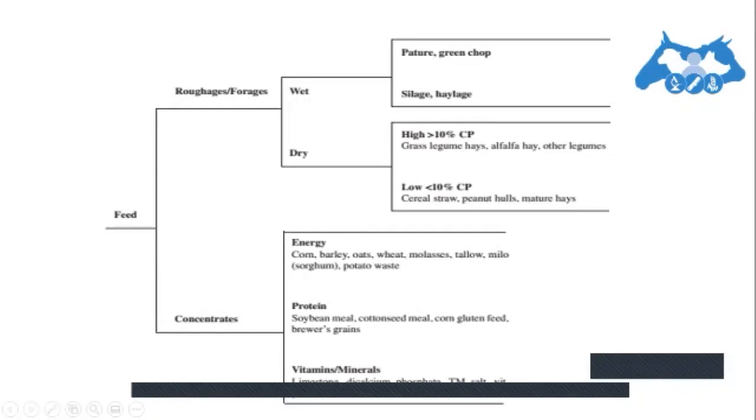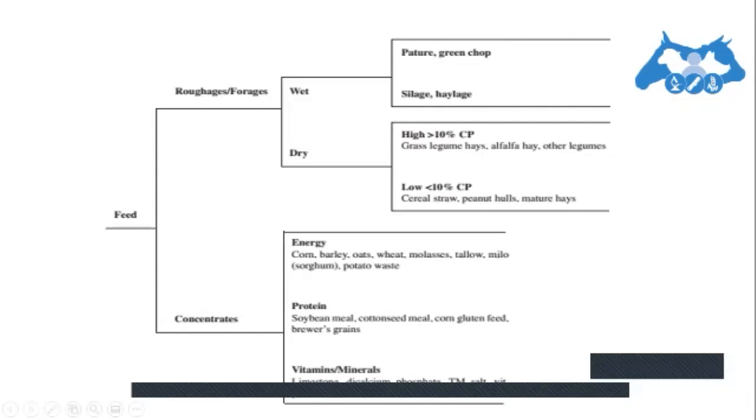And if we talk about wet roughages or forages, these include pasture or green chop, and silage and haylages. So green chop or pasture is basically in its original form. The forages are in original form. But in case of silage or haylage, these two are different forms of preserved fodder.